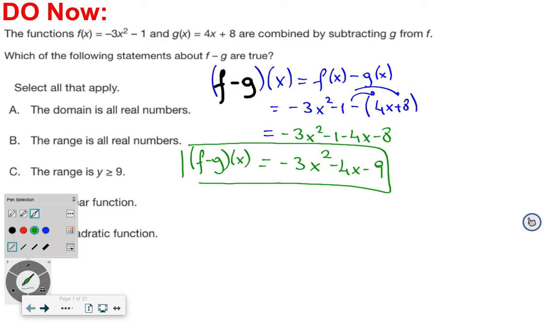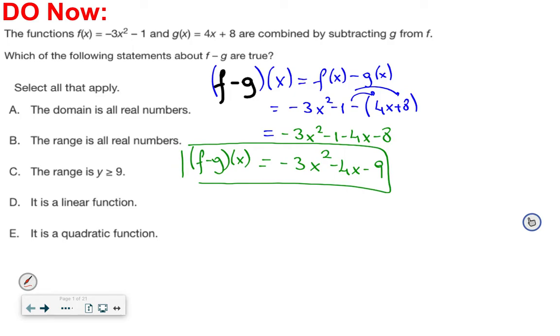So this is a quadratic function. Remember that, ladies and gentlemen, to be able to understand the domain and range, we need to graph this. How can we graph? First, we need to figure out x and y coordinates of the vertex. The x coordinate of the vertex is negative b over 2a.